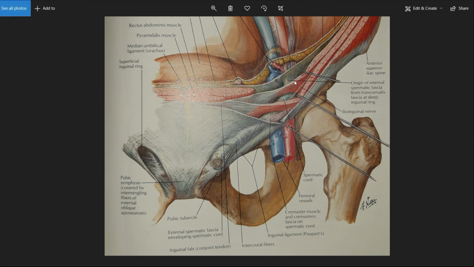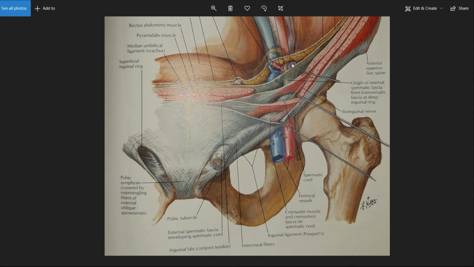Remember how important the inferior epigastric artery was? It gives off this branch, the cremasteric artery. Then the testicular artery is nothing but the gonadal artery, which is a lateral branch of the abdominal aorta, as we all know. So these are the three arteries which are present.